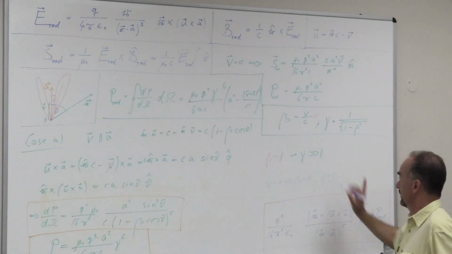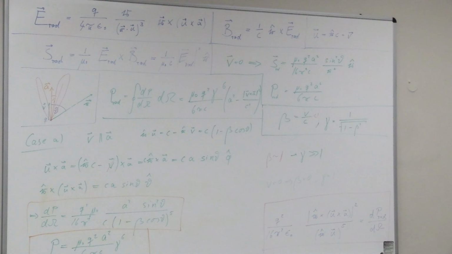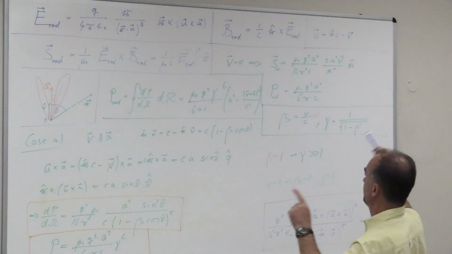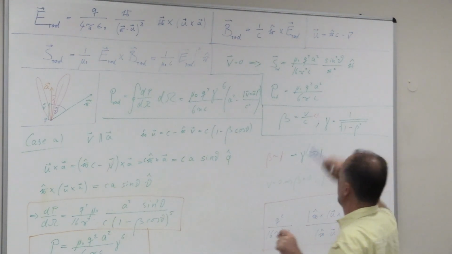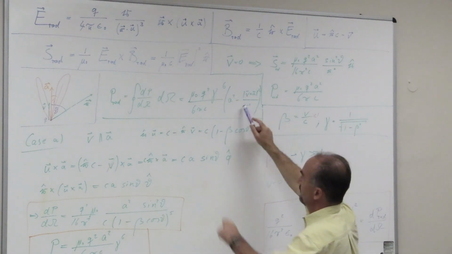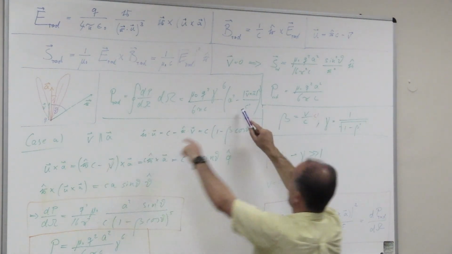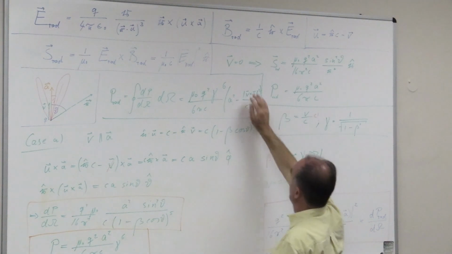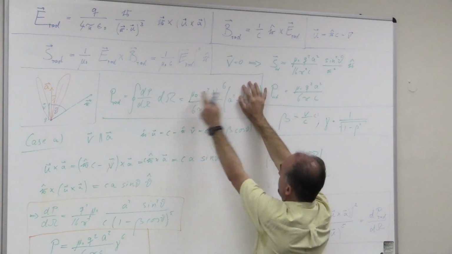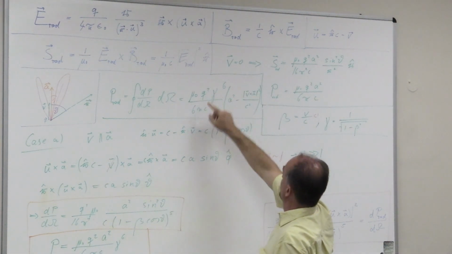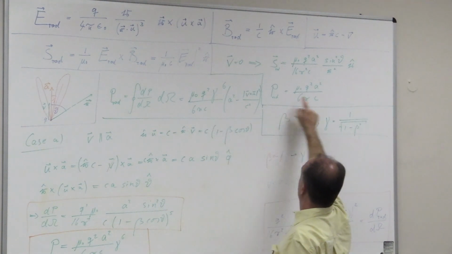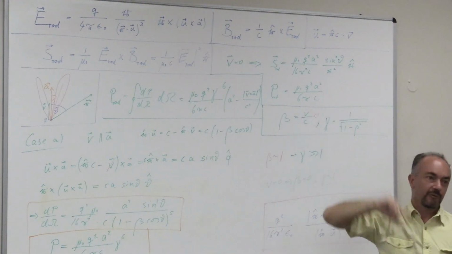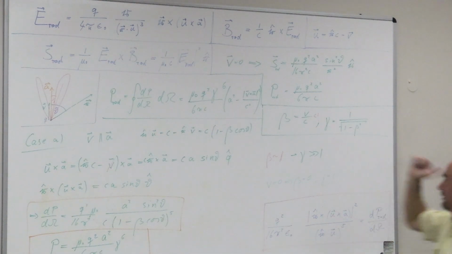Gamma equals 1, right? So the radiative power, if the velocity is 0, this term drops off, gamma is 1. We have mu naught q squared a squared over 6 pi c, which gives us exactly what we need. So that makes sense. That's good news.